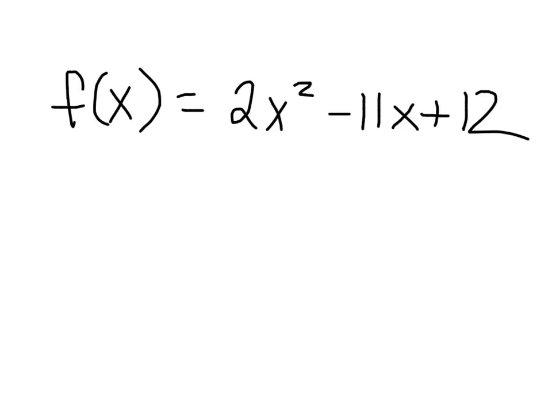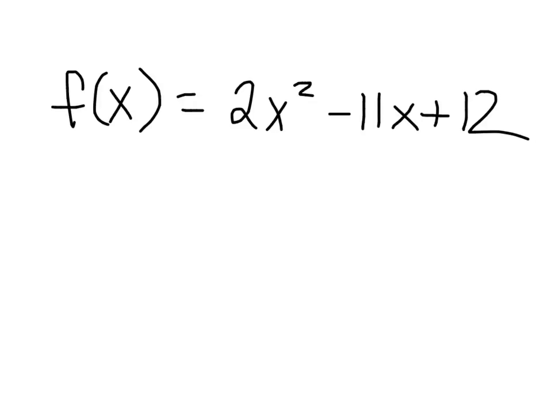Now, looking at the problem itself, which one of those three is not an option for this problem? Your options again are graphing, square rooting, or factoring. Which one of those three is not an option for this one?